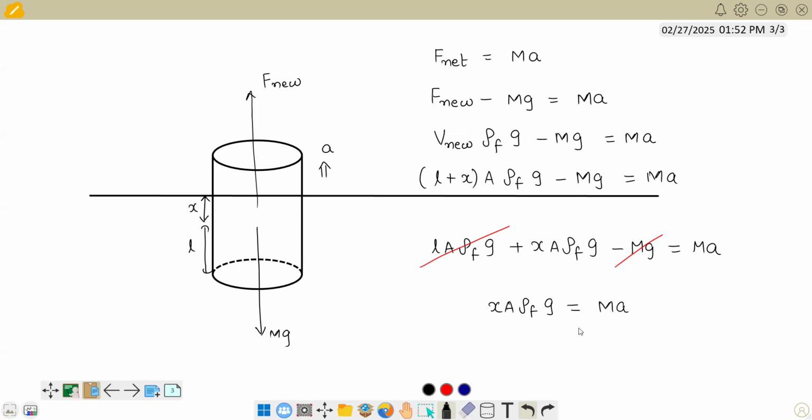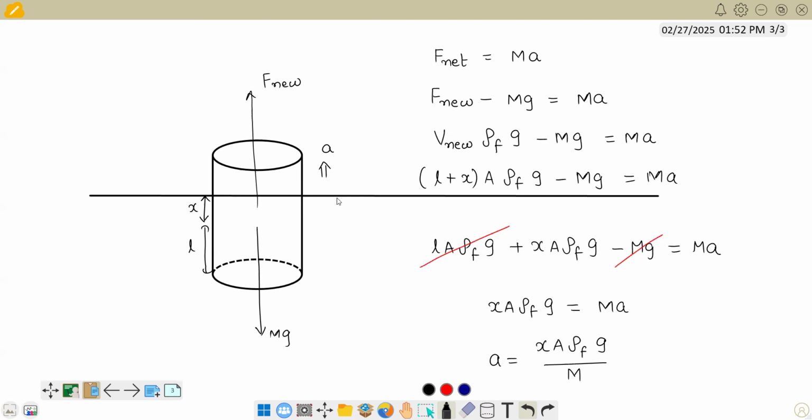So we basically got a equals xA density of fluid into g divided by m. So finally, this is the value that we got. This is in terms of magnitude.